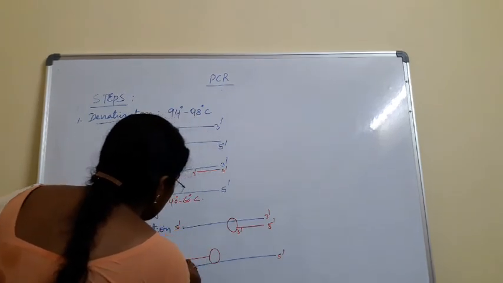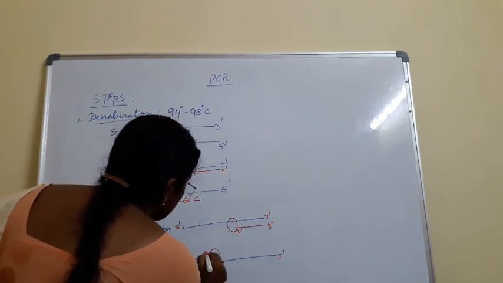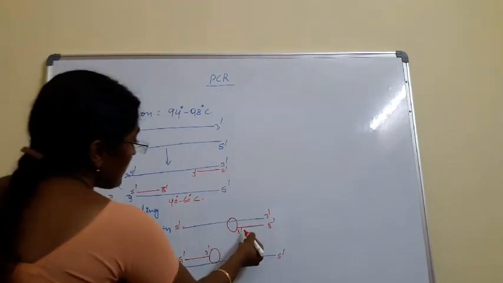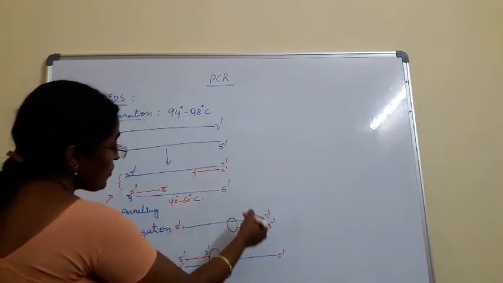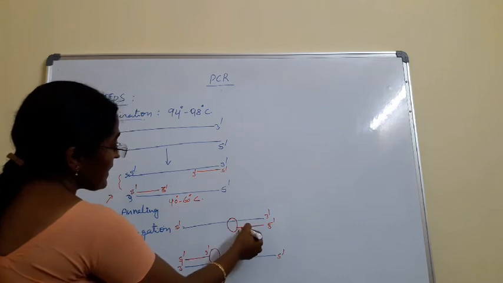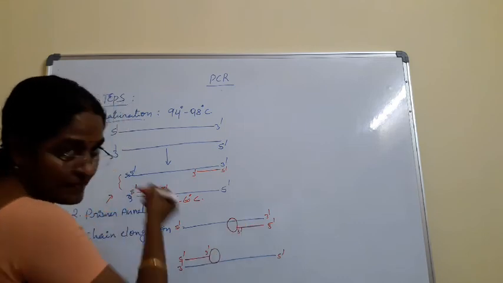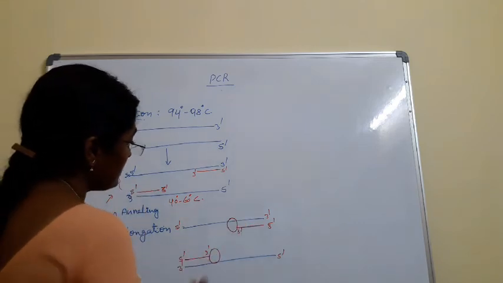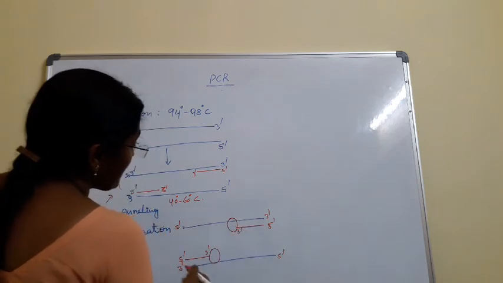Chain elongation proceeds in the 5 prime to 3 prime direction.